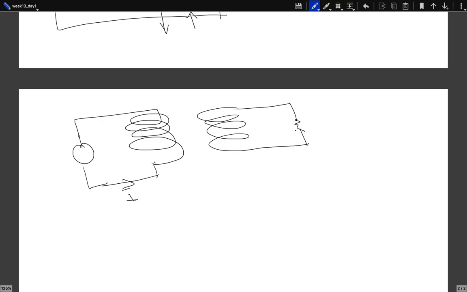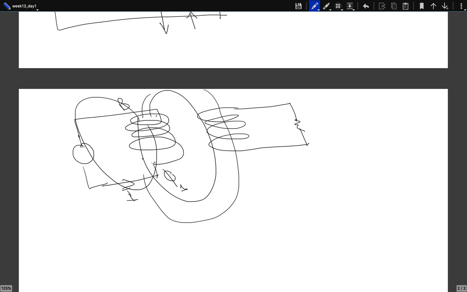Let's put a resistor over there. So here you create a flux and a magnetic field. The magnetic field lines, in this case, there is no core, so they will just spread out. Some of them will also go through this other coil. So there you have another flux, phi 2.